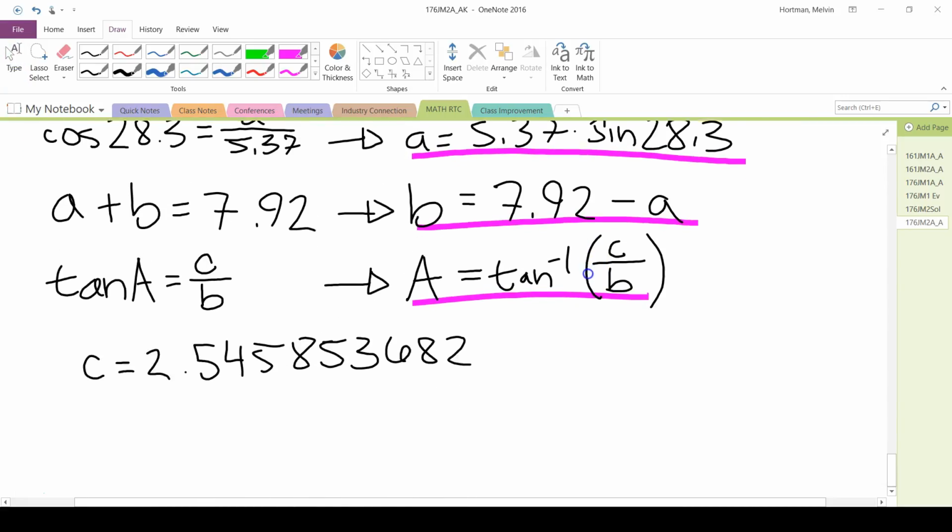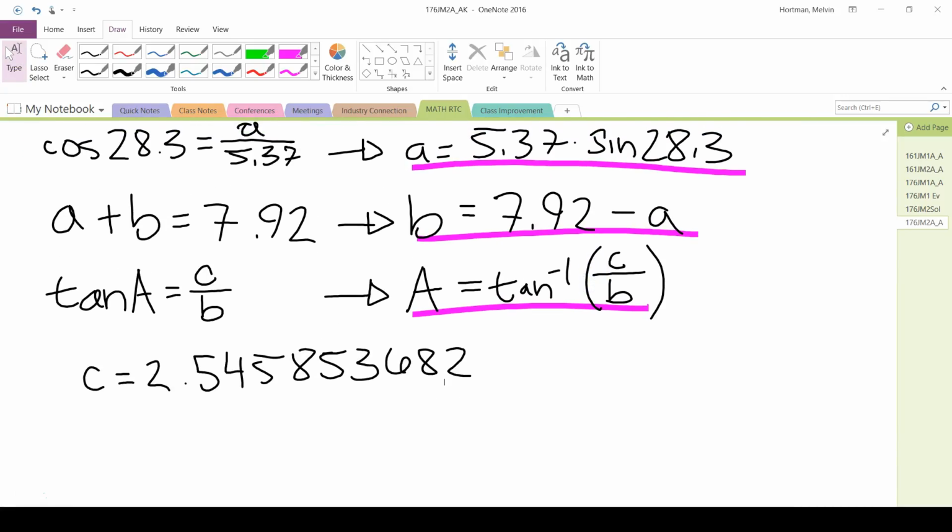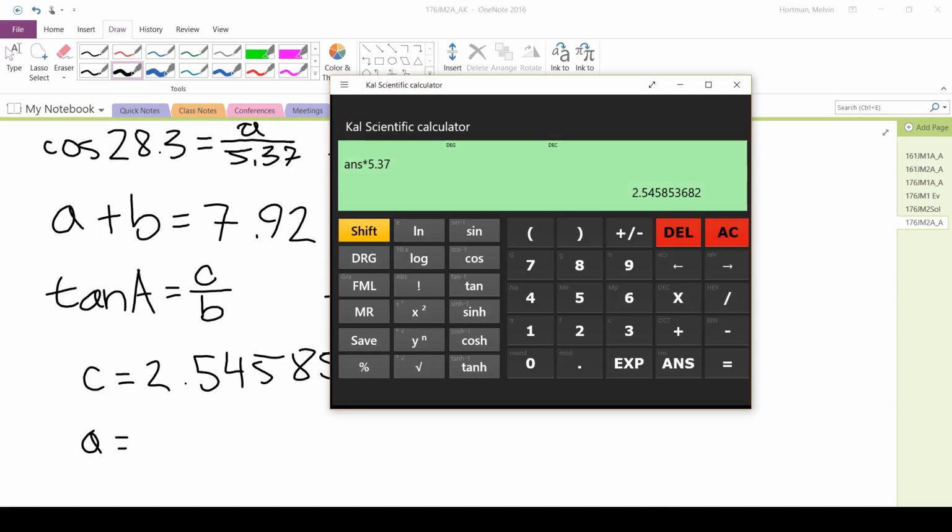Then let's move on to solving for A. A equals, and whoops, I noticed an error. I wrote sine, but I should have written cosine. Sorry if that confused you. So, A equals, and we'll go to our calculator.